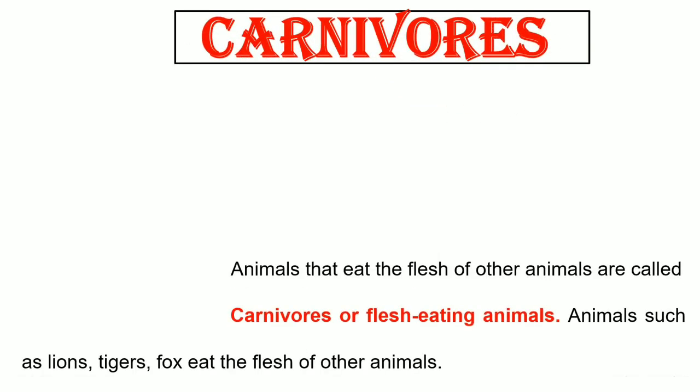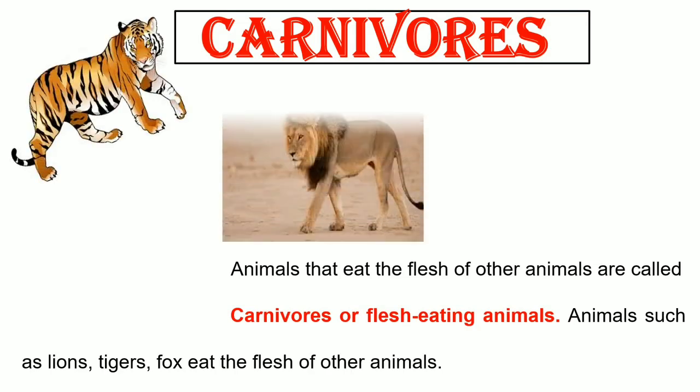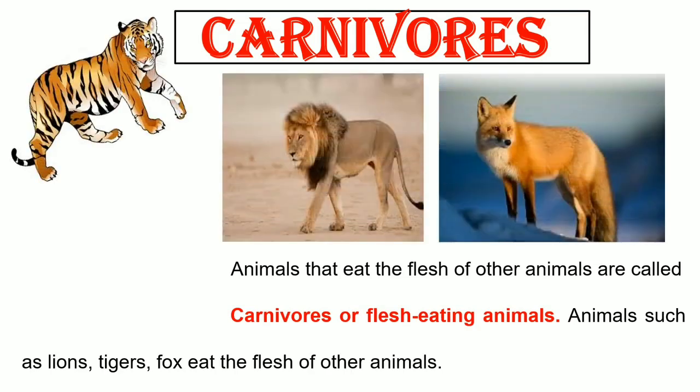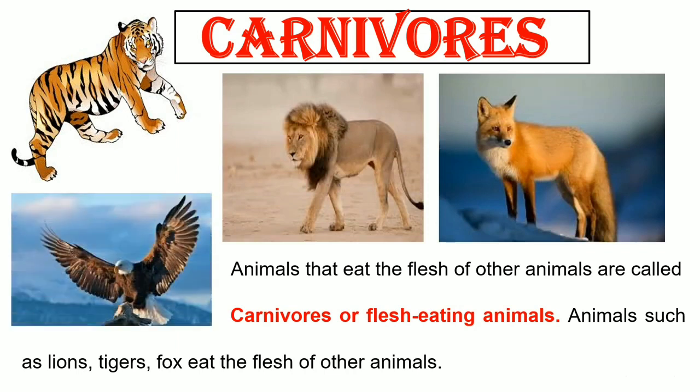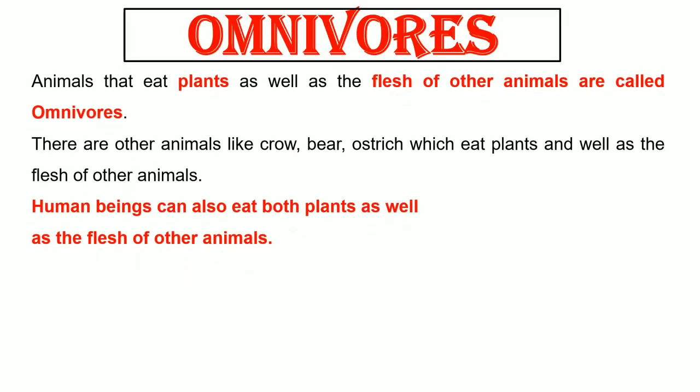Next, we are going to discuss the carnivorous animals. So, animals that eat the flesh of other animals are called carnivorous or flesh-eating animals. Animals such as lions, tigers, fox eat the flesh of other animals.